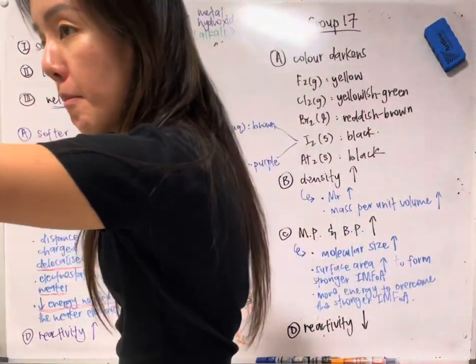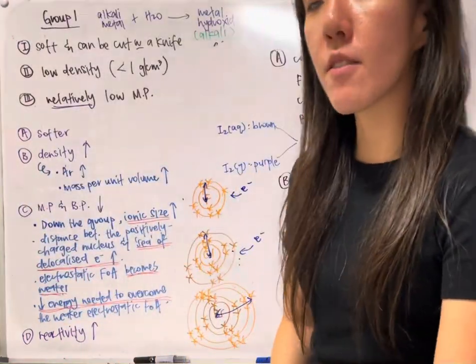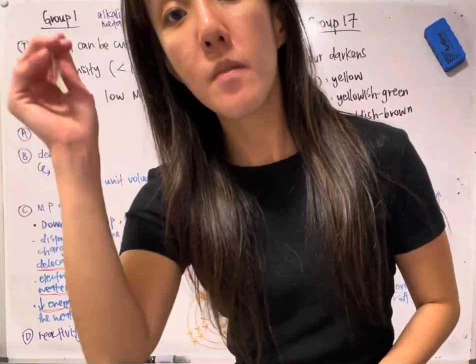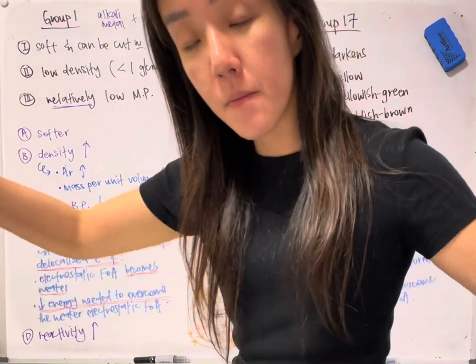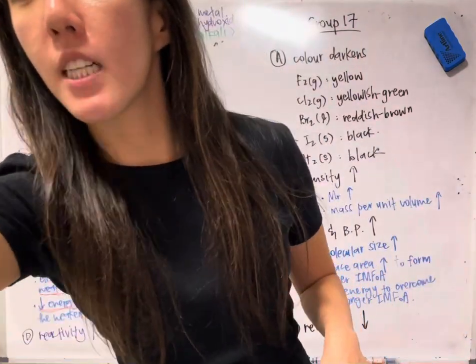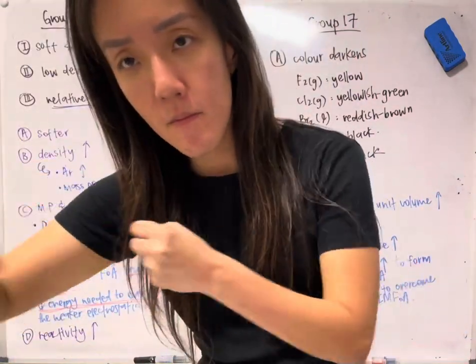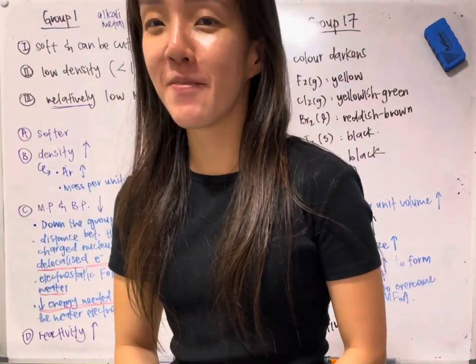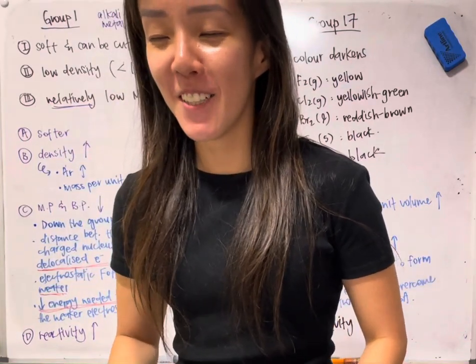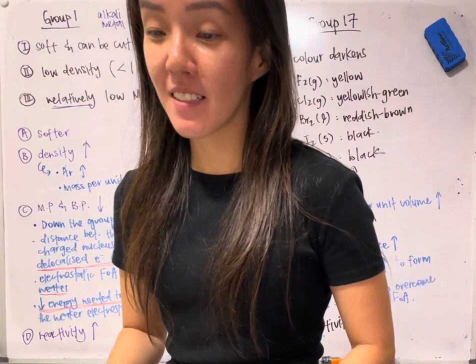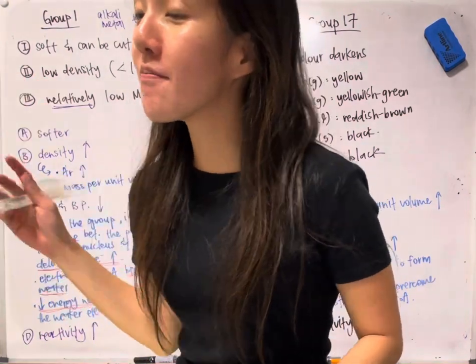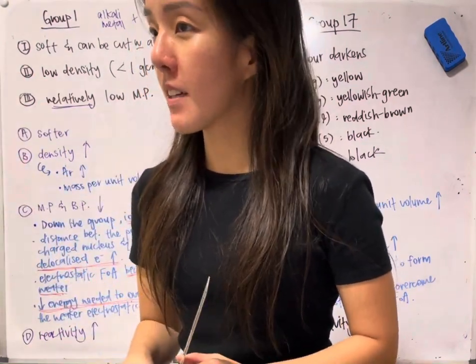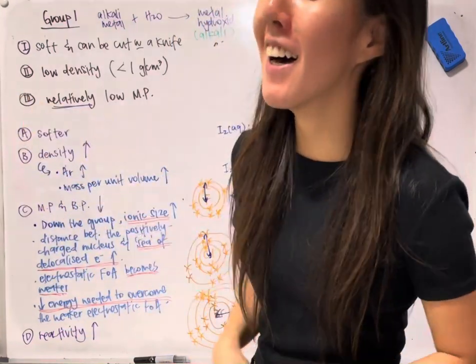Get ready. Explain to me why reactivity decreases down group 17. Down the group, the atomic size increases. Very good. Next one. The distance between the positively charged nucleus and the valence electrons increases. Next. So the electrostatic forces become weaker.